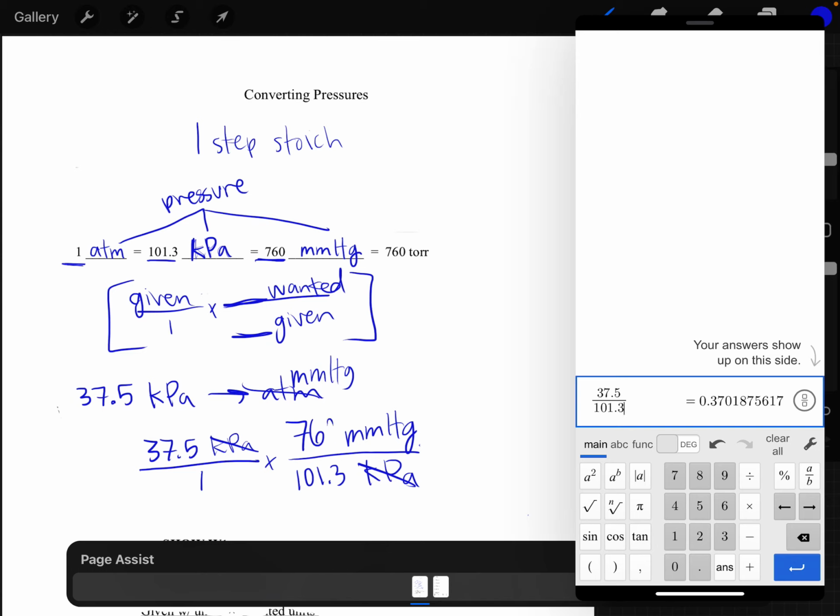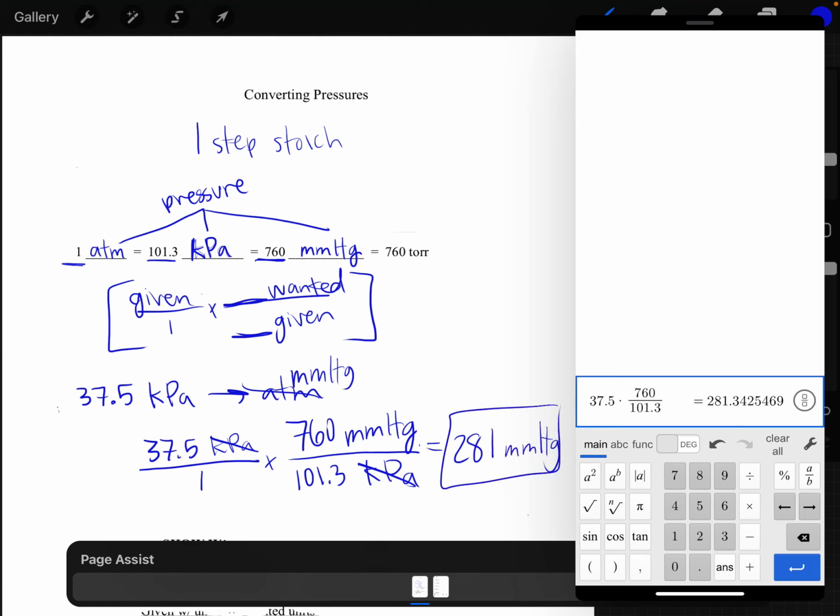The number that goes with that is 760. And if I was trying to convert there, I would do 37.5 times 760 divided by 101.3. And that ends up being 281 millimeters of mercury.